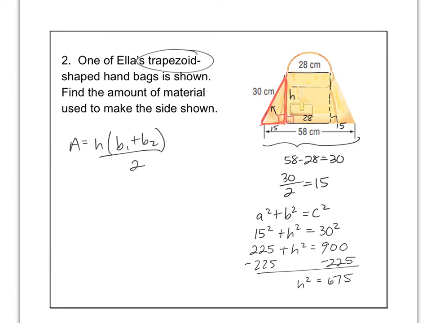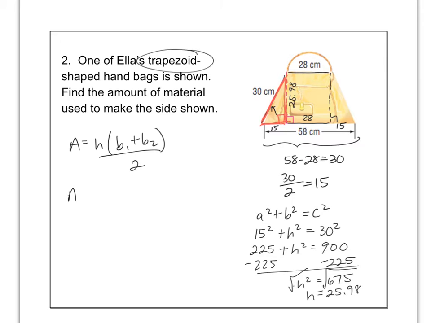But then remember, you have to take the square root. And h is not a great number, it's 25.98, we'll say. So the good news is, if I erase this little h here, I can fill in the height is 25.98. And we now know the height.